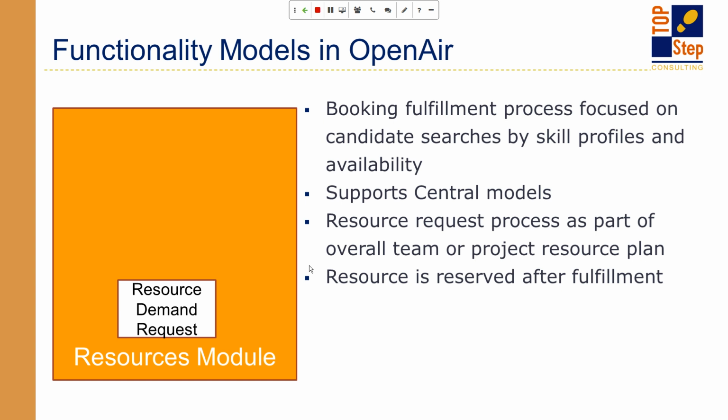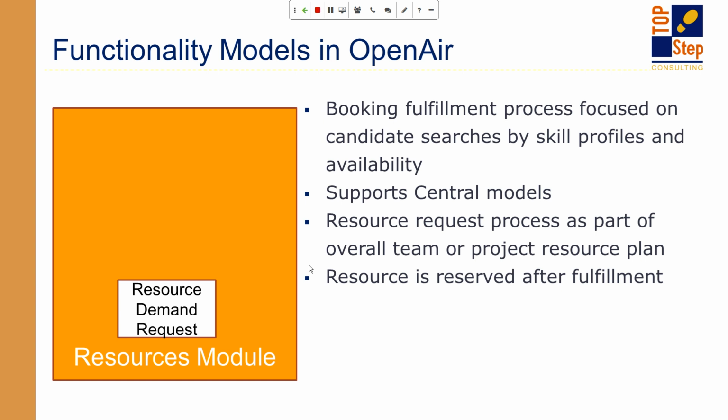So where does it stand up? It's really great for identifying and booking large numbers of resources at one time, specifically resources who share a similar skill set. So if I have a project and I have a development task, and I need to put 7 to 12 developers on that one task, and all of those need to be JavaScript, whatever the skill set is, I can do a search.